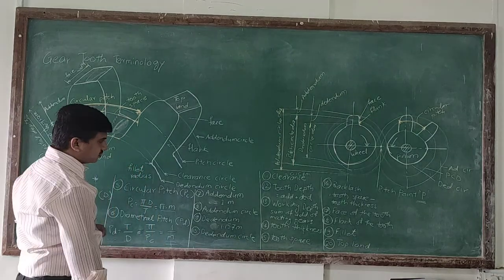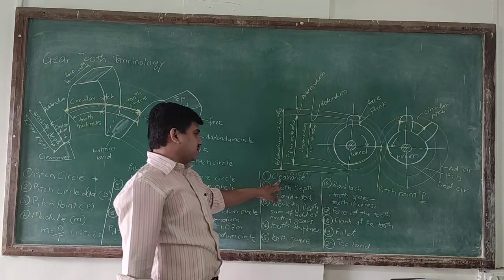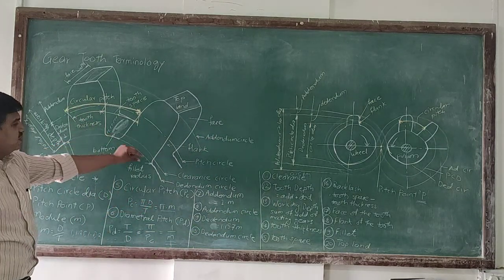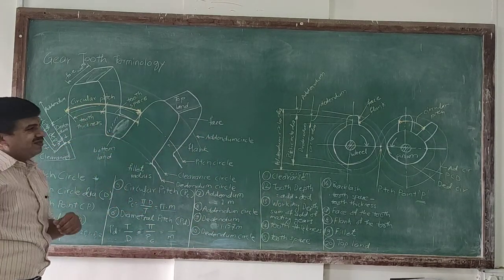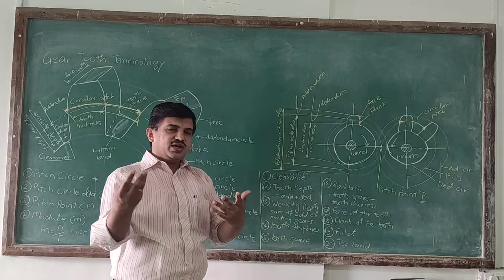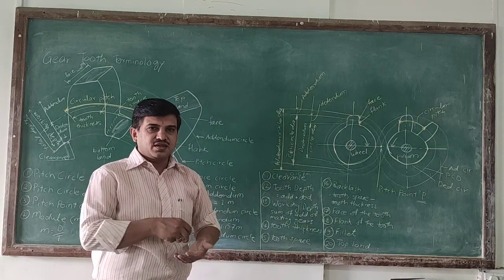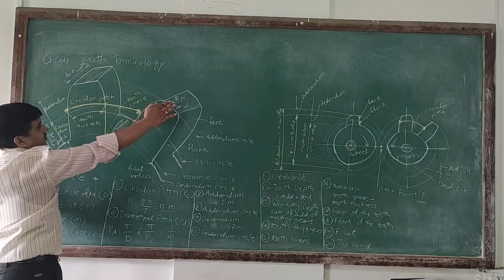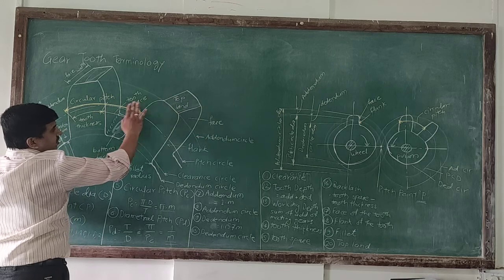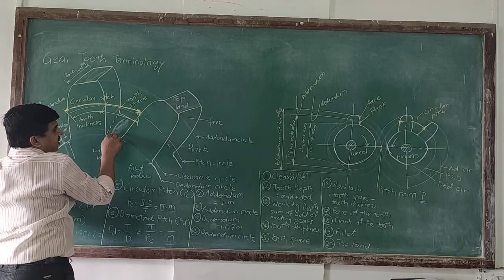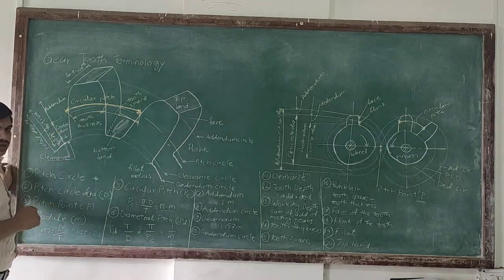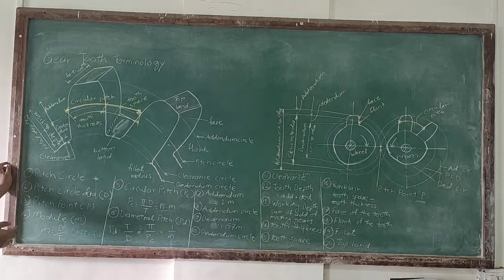Okay, understood? Next is clearance or clearance circle. Some clearance is left. Now you can imagine, suppose one gear tooth is meeting with another gear. Suppose you have one meshing gear over here, this is the top land. So this top land may dig out some material from this particular bottom land. If another mating gear is there, some clearance is left over this particular thing.